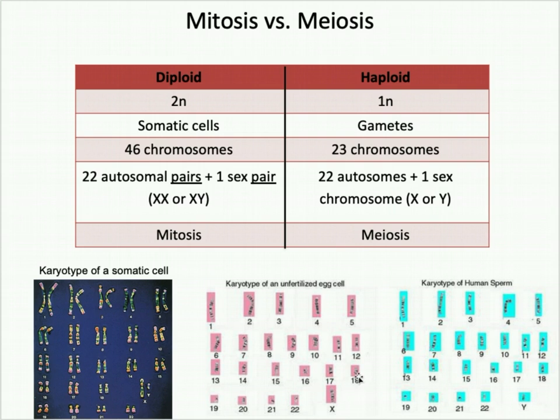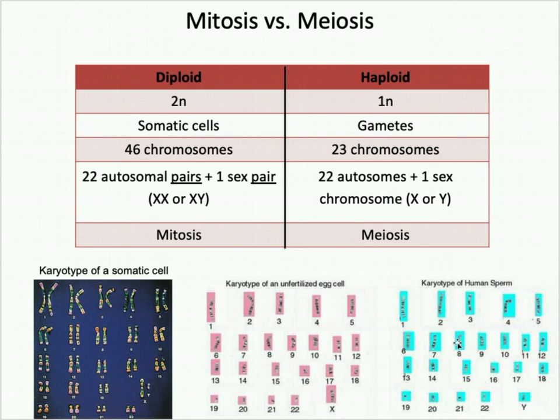So here we have 23 individual chromosomes, 22 autosomes and 1 sex chromosome for this egg cell. The sperm cell has 23 chromosomes: 22 autosomes and 1 sex chromosome.